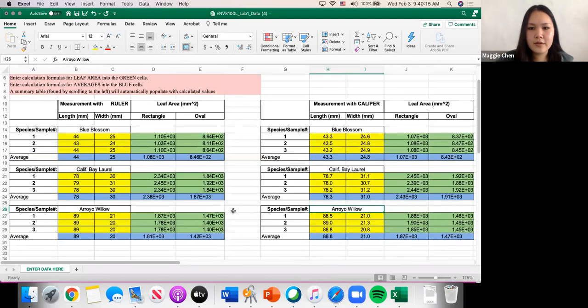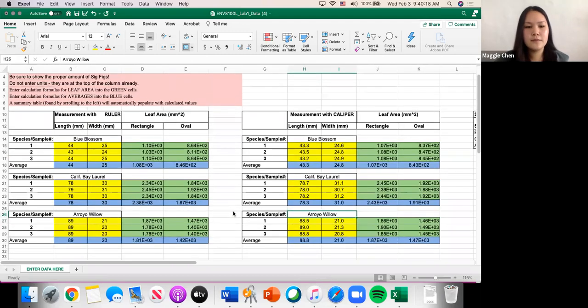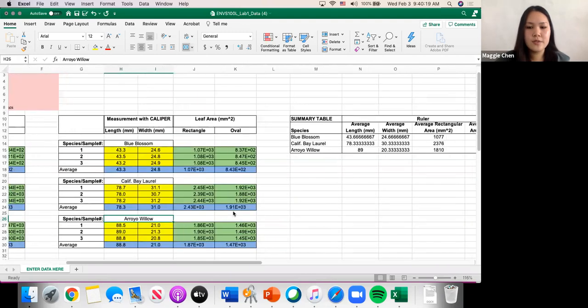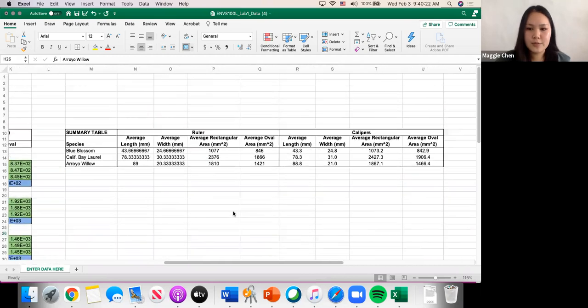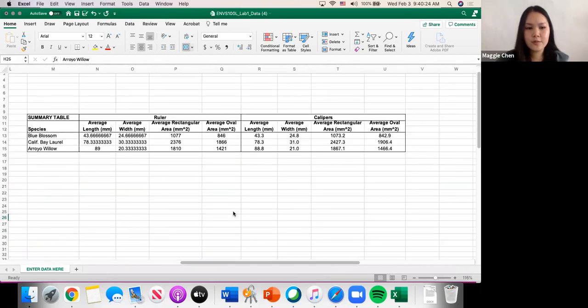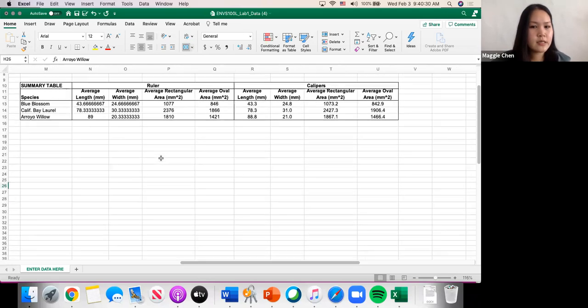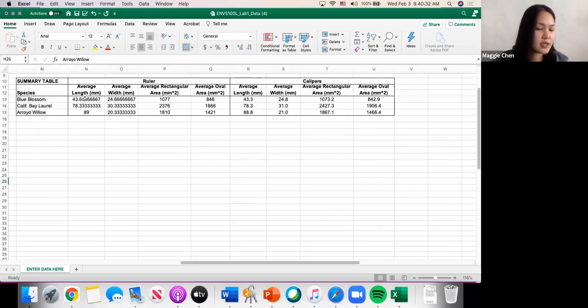Okay, and once we're here, if we scroll a little bit to the right, we have our summary table, which should already be auto-populated with all of the numbers that we have been calculating. And I think it doesn't format it the way you want it, like we did on the left side of this Excel sheet. So we can just format that again and keep the ruler part here, the average length and width, to our 2 sig figs.